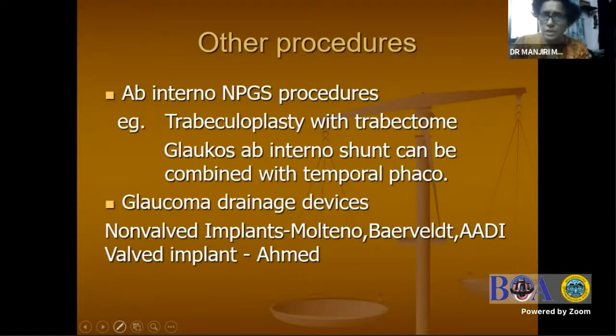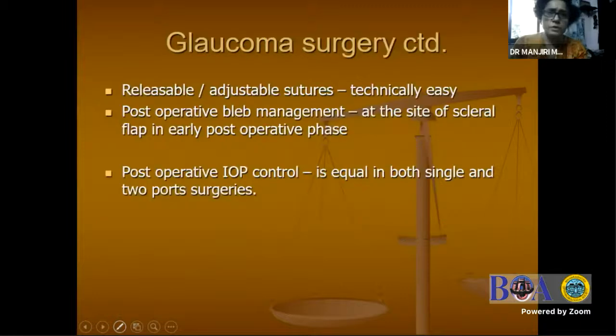Here the trabeculoplasty with trabectome is done at the superior site when you finish off your phaco surgery. Glaucos ab interno shunt can also be combined with temporal phaco. Then glaucoma drainage devices, non-valved and valved implants, also you can combine with phacoemulsification.